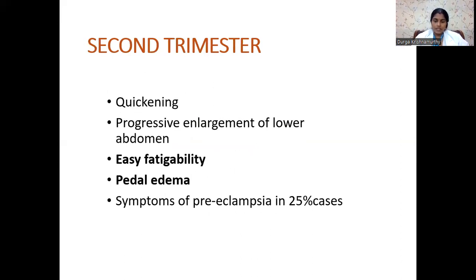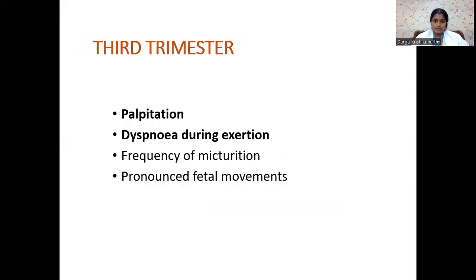In the second trimester, quickening is felt, with progressive enlargement of the lower abdomen, which is more than expected for the period of gestational age, easy fatigability, and fetal edema. Symptoms of preeclampsia are more common in multiple pregnancy, in 25% of cases.